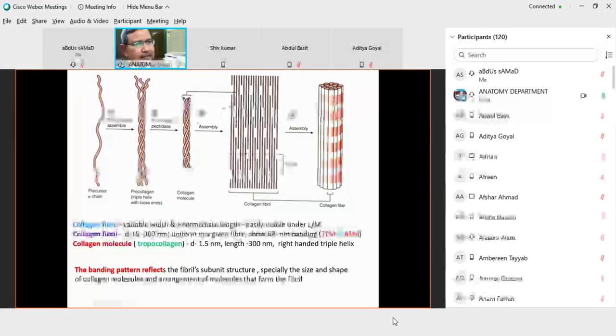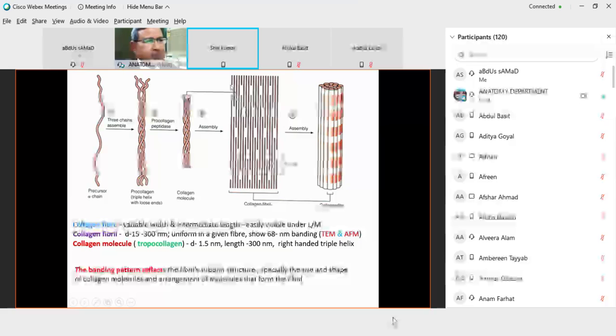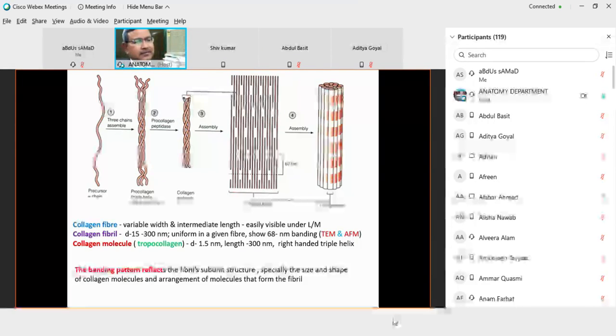These tropocollagen molecules are arranged in a linear fashion leaving some gap, and there are multiple rows. But in between the molecules, there are gaps. These gaps are actually filled with heavy metals in electron microscopy, and they are responsible for giving this banding pattern.